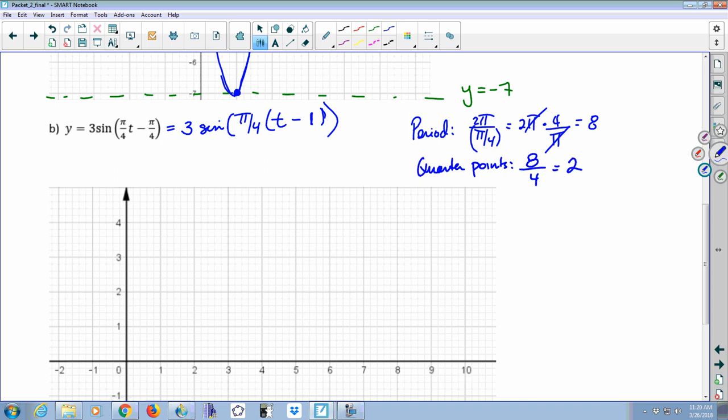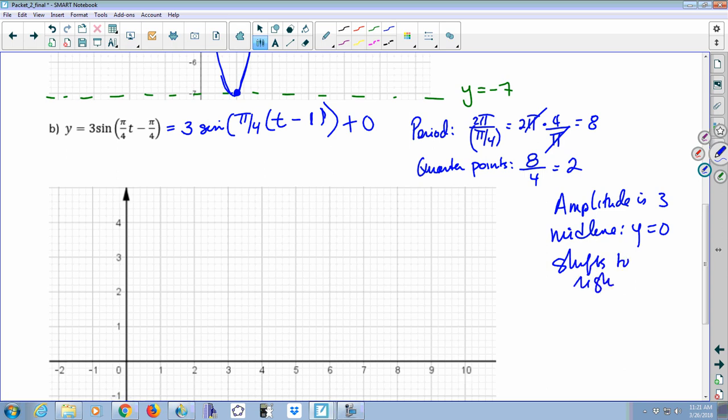So that means every 2 spaces on my t-axis is going to be where some key point happens, max, min, or an intercept. Okay, my amplitude is 3. My midline is what? 0. Y equals 0, because there's nothing out here. And it shifts to the right 1 unit.